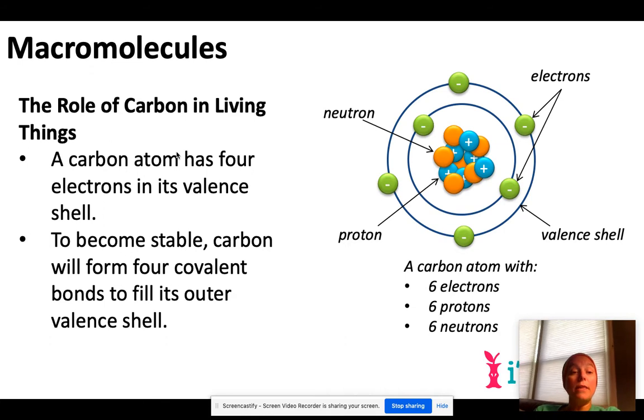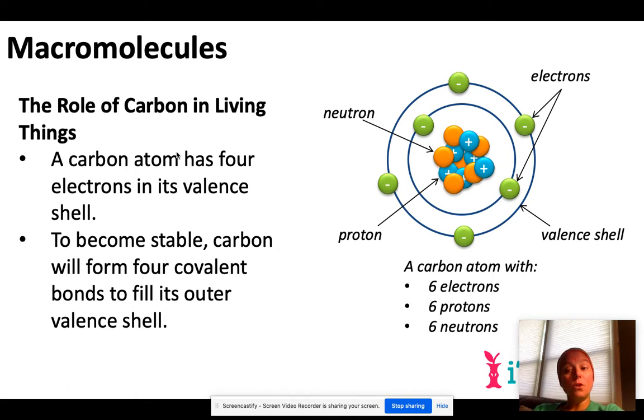So let's look at the role of carbon in all of this. Going back to our physical science, remember carbon has 6 protons, neutrons, and electrons. Why is that important? It's important because carbon will form 4 covalent bonds to have a full outer energy level. That's really unique in its ability, that it needs 4.